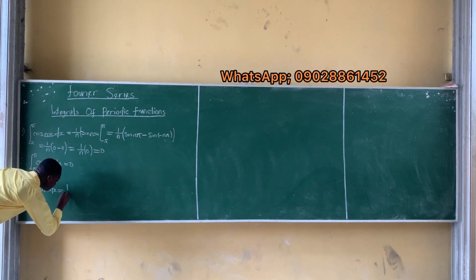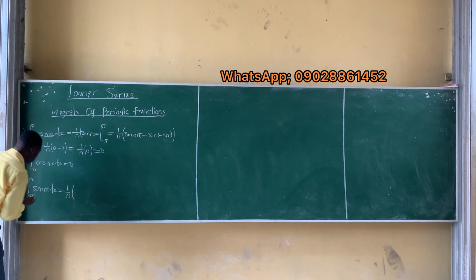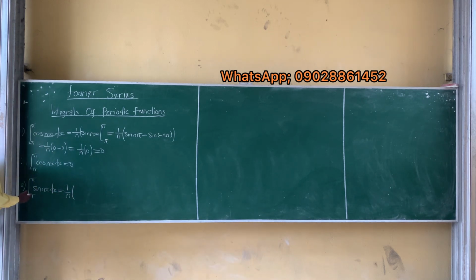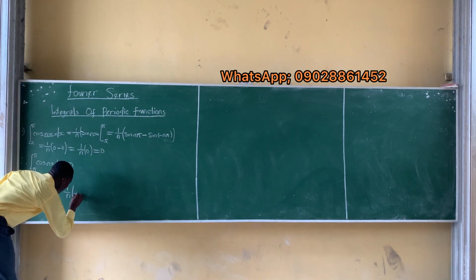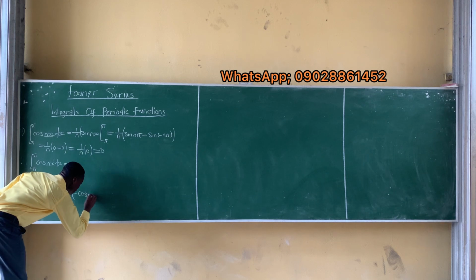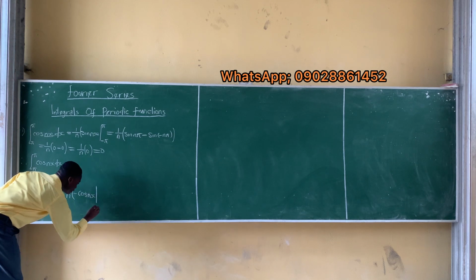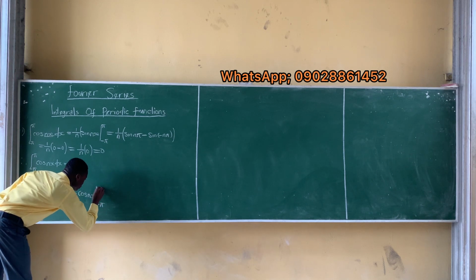We have 1 over n into, you integrate the function. If you integrate sine nx, you have minus cos nx. Take note, if you integrate cos, you have sine. If you integrate sine, you have minus cos. So we have minus cos nx, and you take your limit from minus pi to pi.